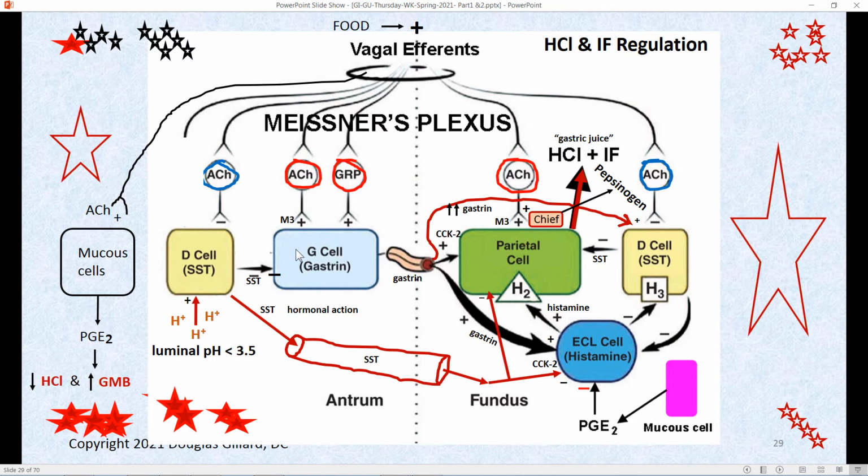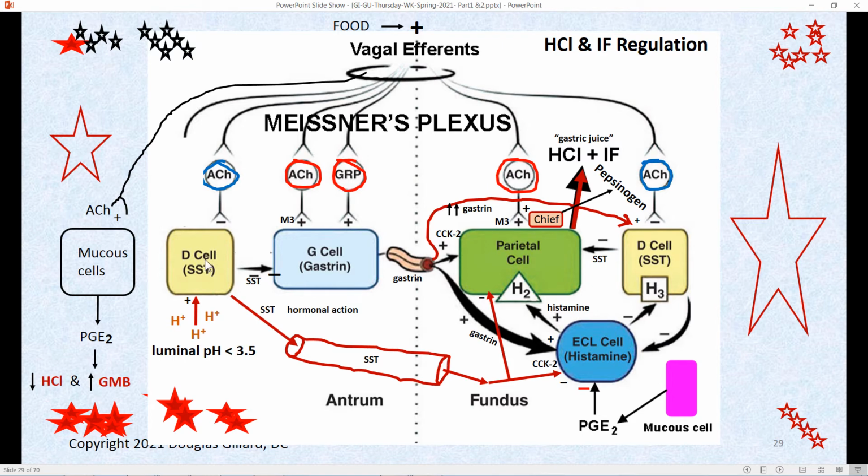And what else can we say here? What does ACh do? We said it already binds to the parietal cell. So ACh, acetylcholine, also binds to the acid turner-offers, the D cells. So it binds to D cells and turns off the D cell.